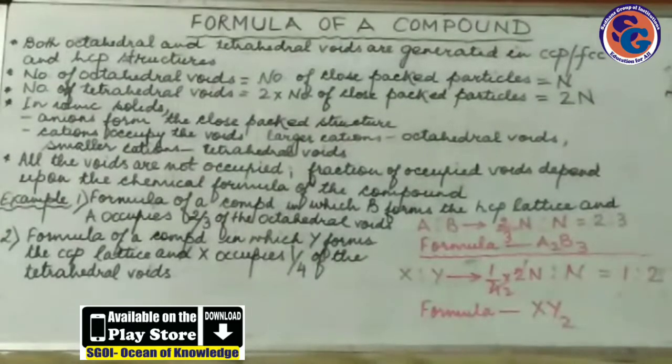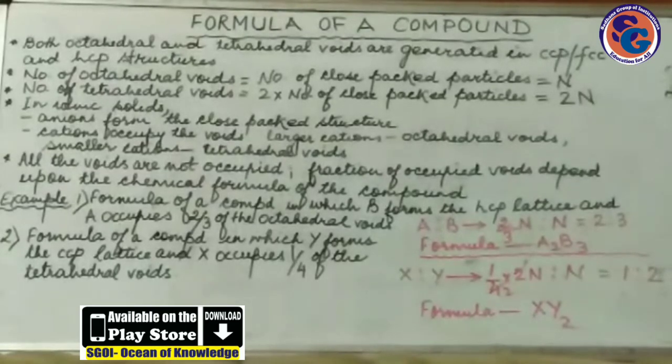We have written X as 1/4 into 2n because 2n is the total number of tetrahedral voids, and 1/4 of them are occupied. So, it becomes X is to Y equal to 1/4 into 2n is to n, which gives us X is to Y equal to 1 is to 2. So, the chemical formula of the compound becomes XY2.